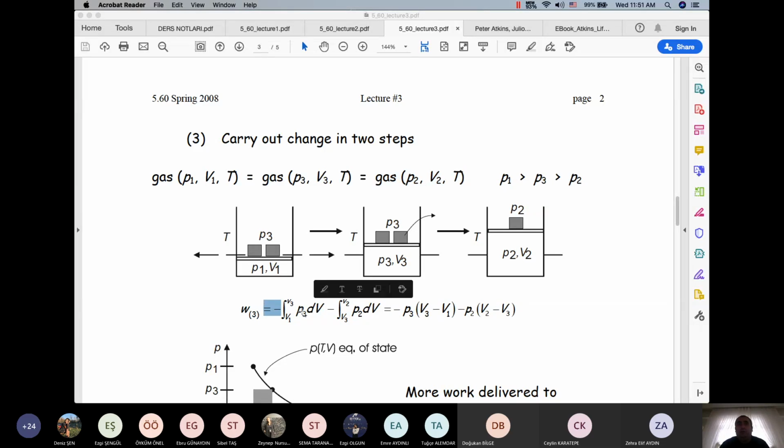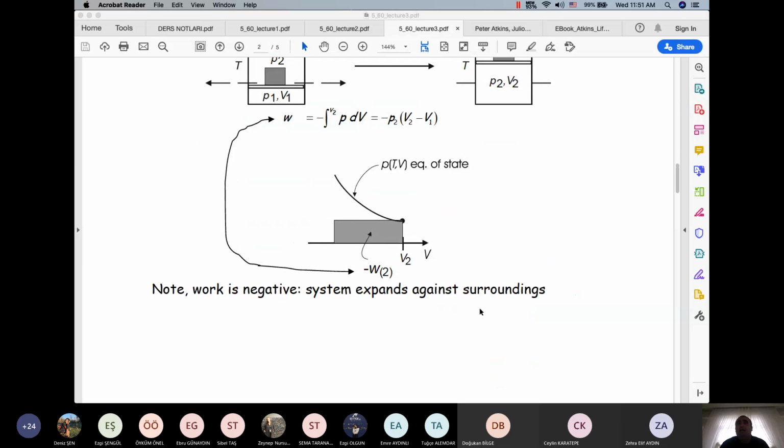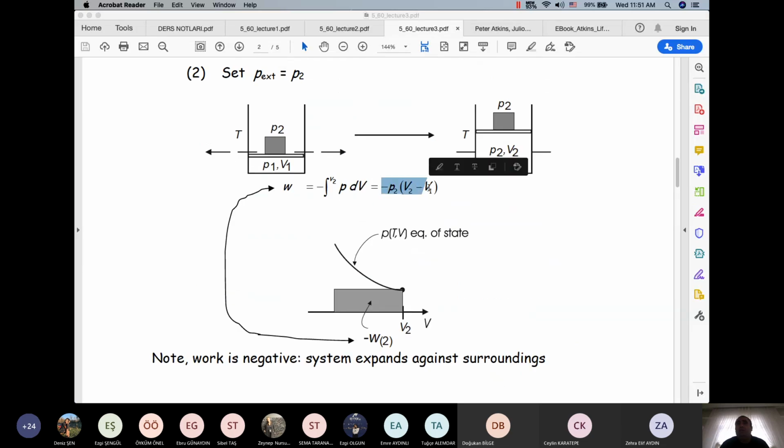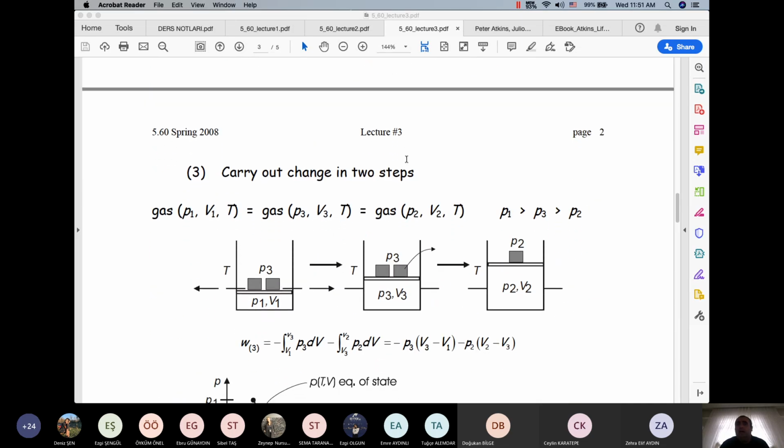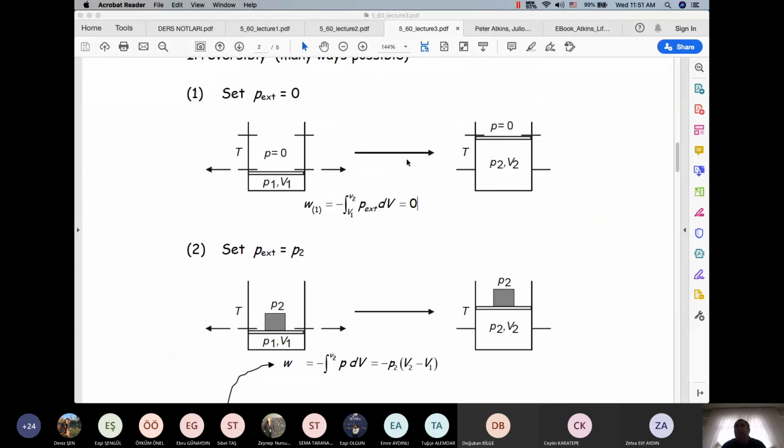Since the external pressure is P3 in the first case, it is P3 times dV, going from V1 to V3. And in the second case, from V3 to V2, it is P2 times dV. So the total work that I produce is given by this formula, which is not the same as the formula over here, neither the same as here. So in all 3 paths, I ended up getting a different work.